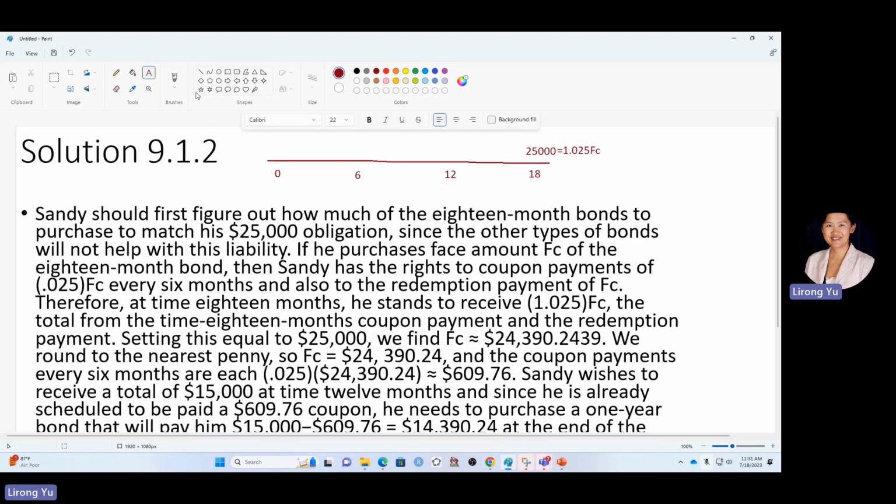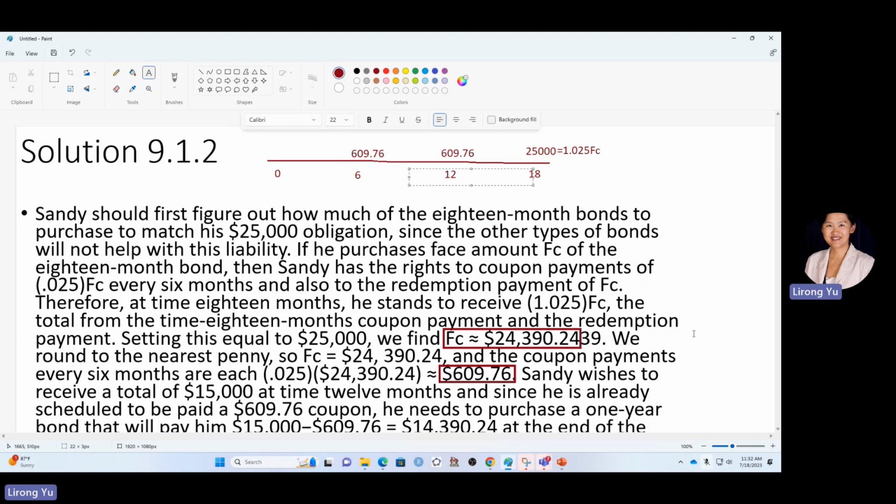After the division, the face value is this much. With that face value, we calculated the cash flow at every 6 months. So now we have the cash flow for the last bond that we suppose to purchase: 609.76 at each coupon date, and the last one is a combination of the face value and the coupon.